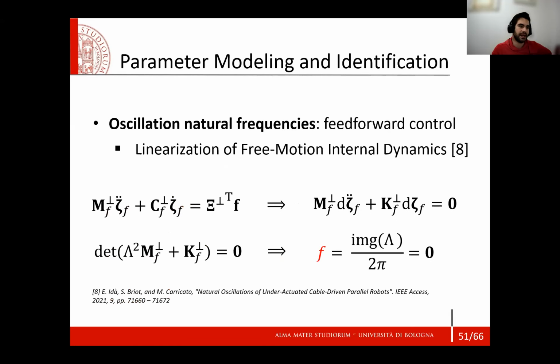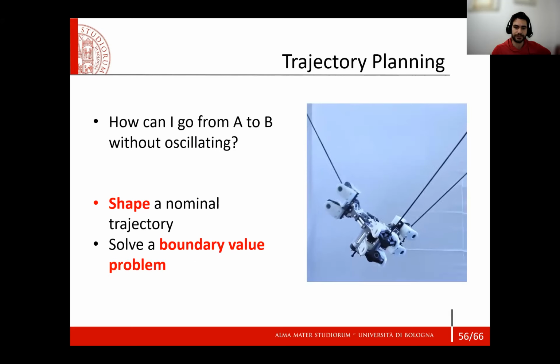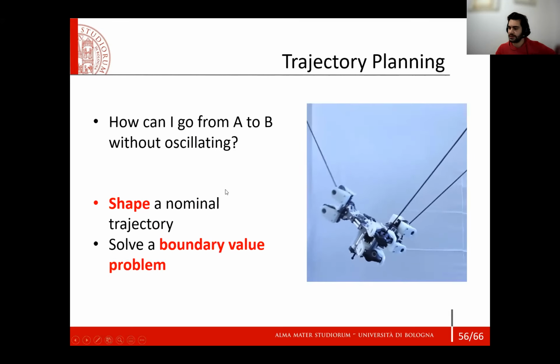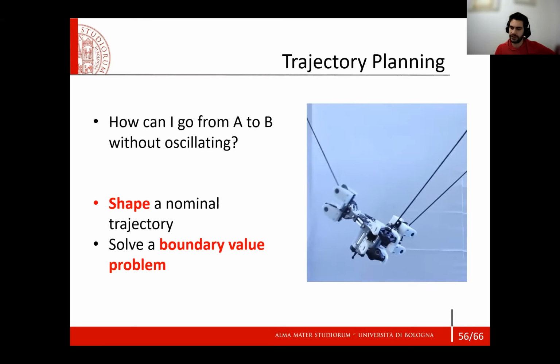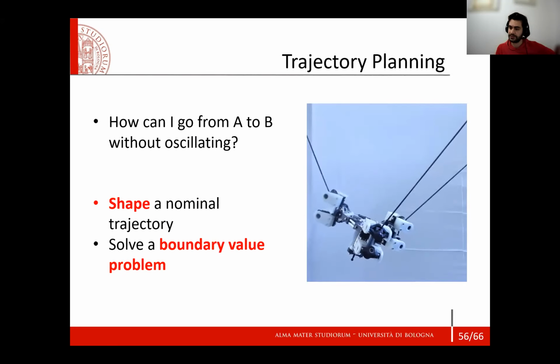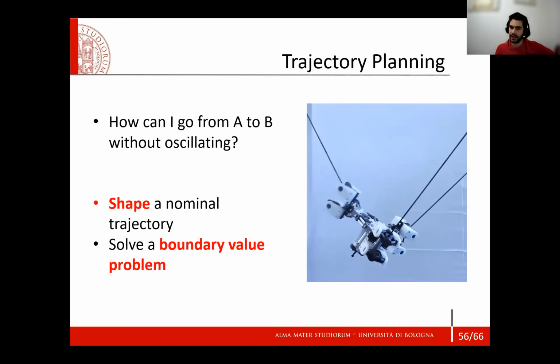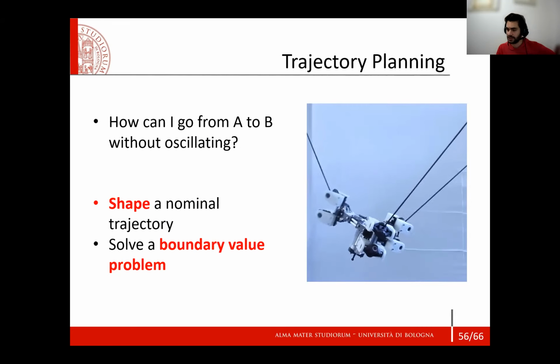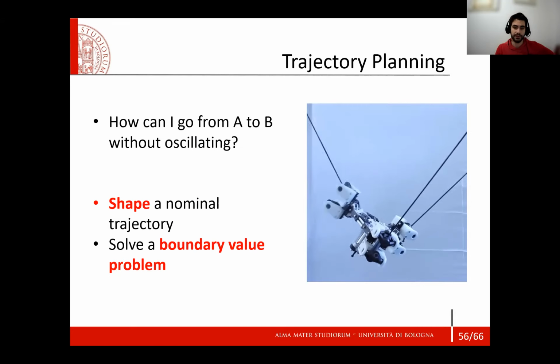So building upon that and other work we did to estimate the free motion frequencies that the platform may oscillate with, we end up with two kinds of trajectory planners, which have different characteristics. The first kind of planner shapes a nominal trajectory and limits the oscillation of the platform while performing a trajectory, whereas another planner tries to completely eliminate these oscillations while performing a trajectory, but needs to be solved offline.